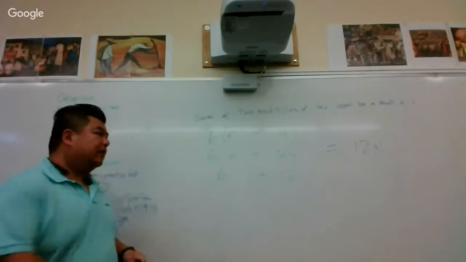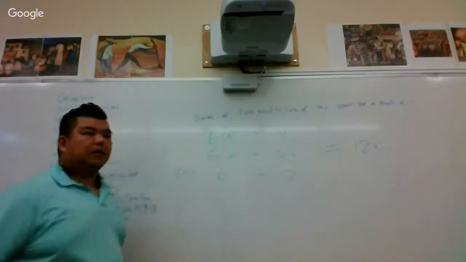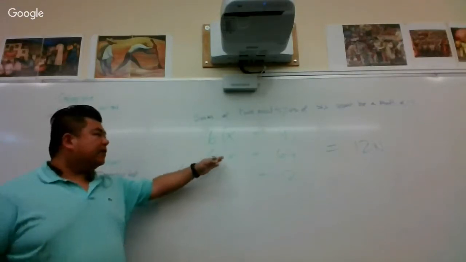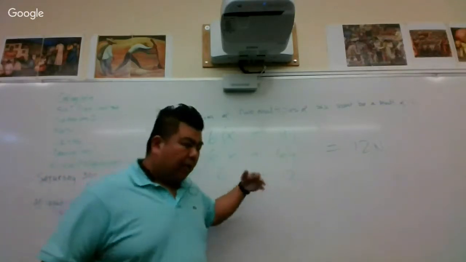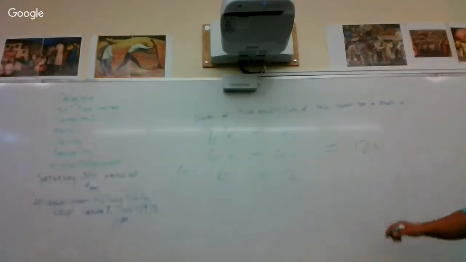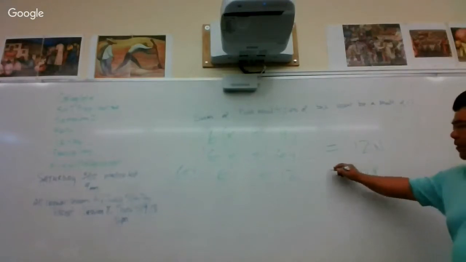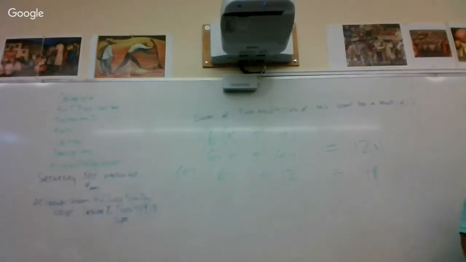That's from answer C. We can, because this is 6 times 1, this is 6 times 2, so those numbers are okay. When they add up, they give us, obviously, 18. So it equals 18. What does that tell us about this? Dominic, you have an idea?